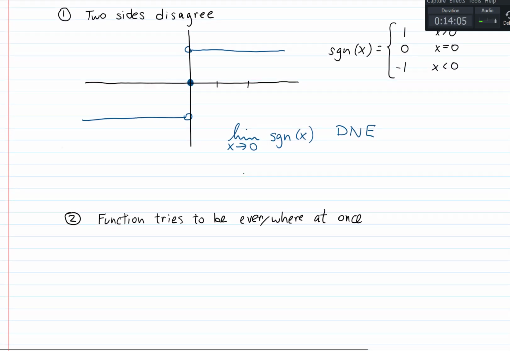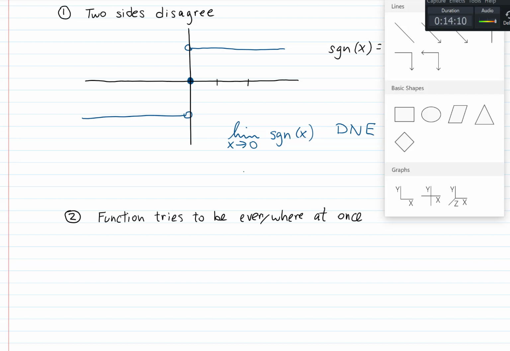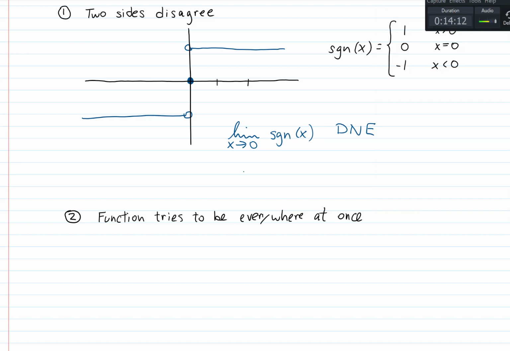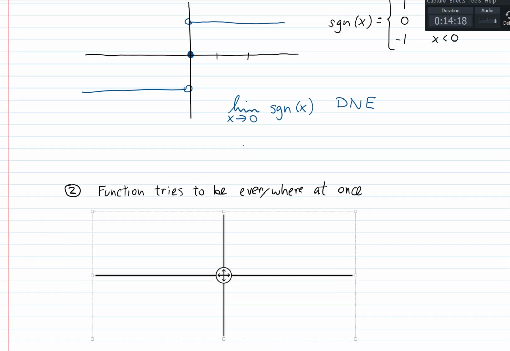Let me show you an example of something like that. We're going to look at the function, the sine of 1 over x, and we're going to look at what happens when x approaches 0.